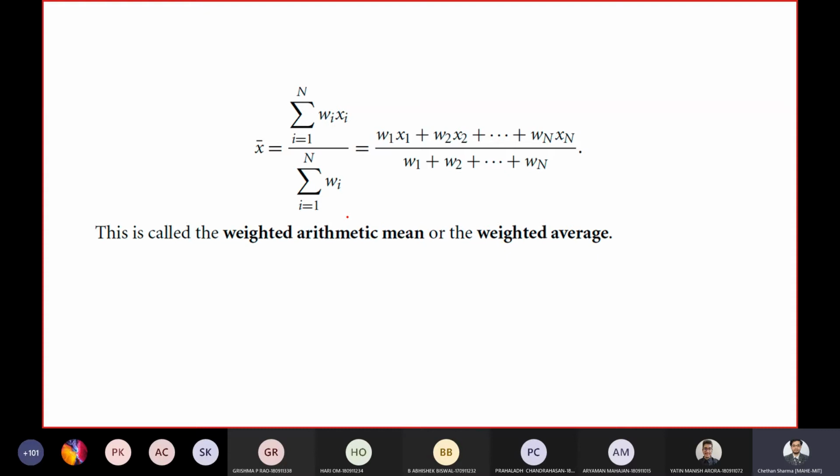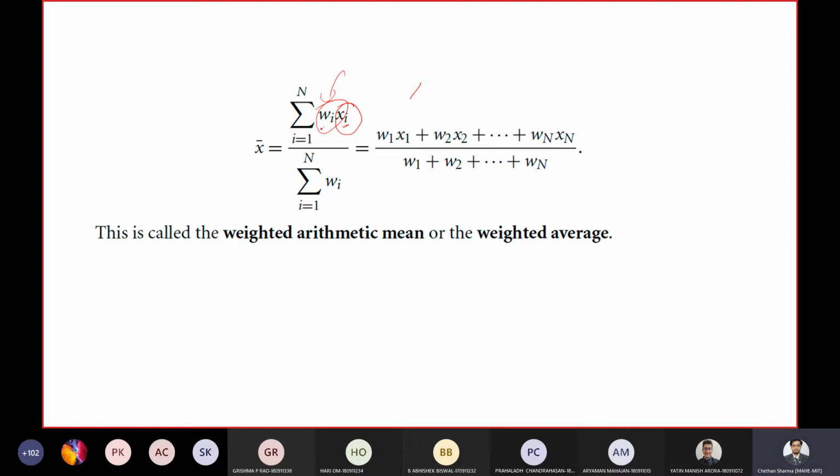In a few cases there might be a case where each value xi is associated with a weight, that is wi. The weight wi reflects the significance of xi. It can be the significance, or the occurrence, or how important this xi is.